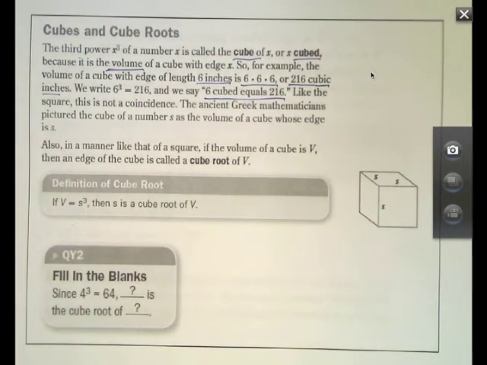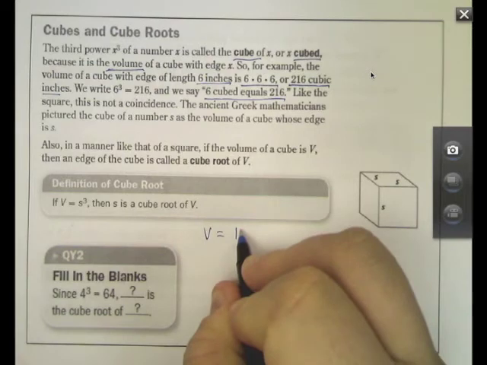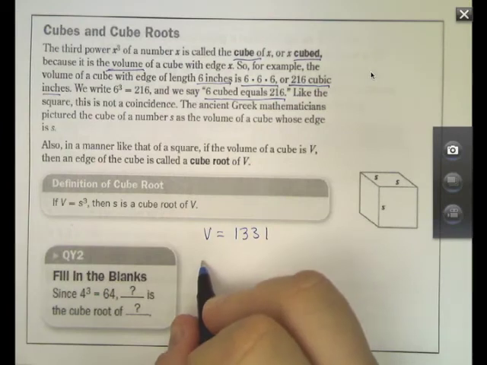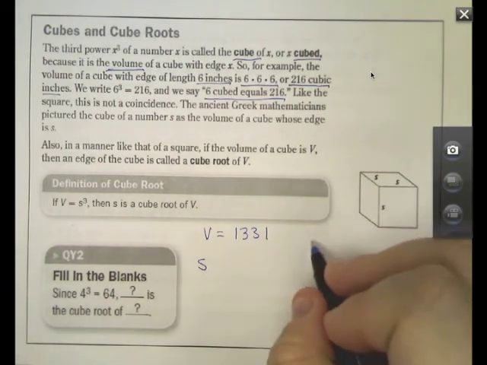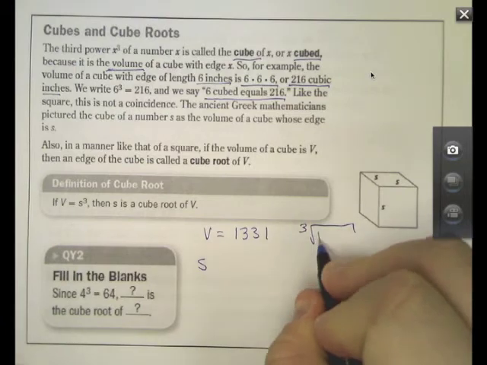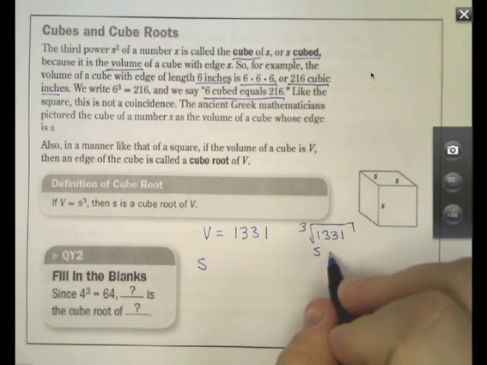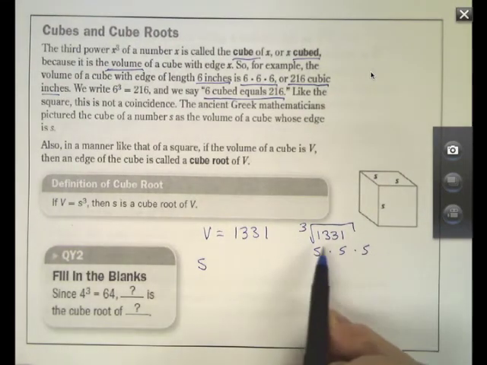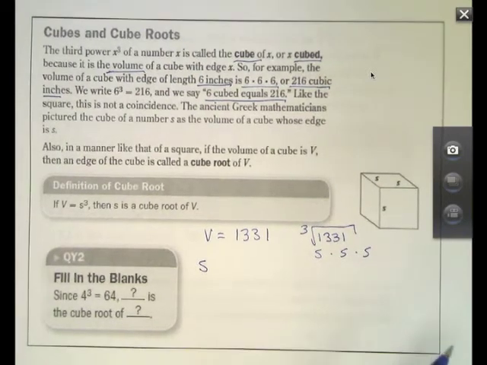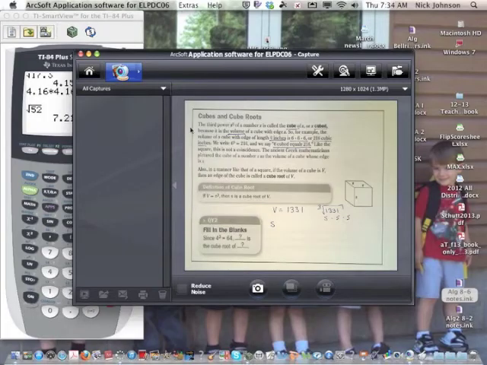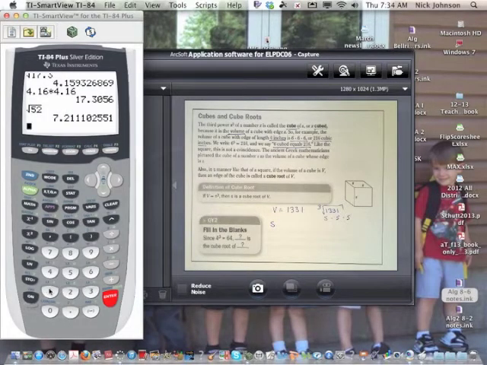If the volume of a cube is v, then an edge of the cube is called a cube root of v. So for instance, if the volume was 1,331 and we wanted to find length s, we would have to take the cube root of 1,331 because some number times itself 3 times has to give me 1,331.